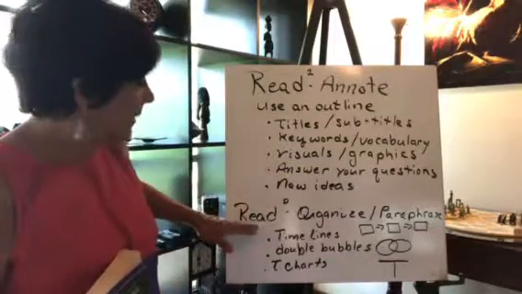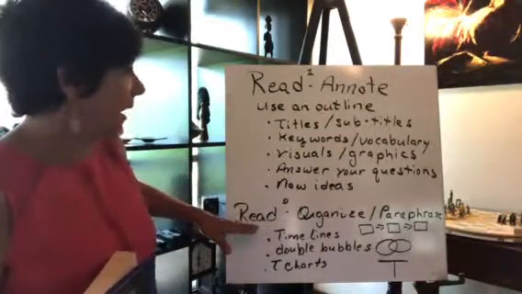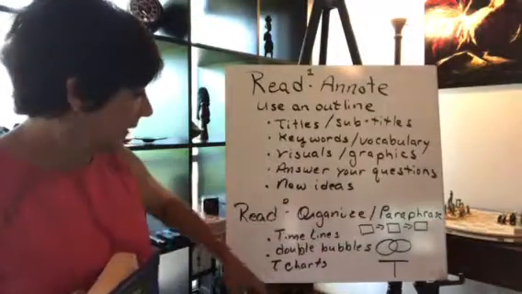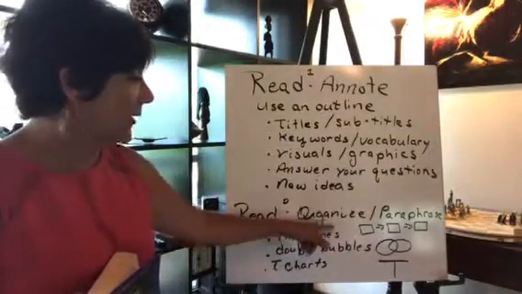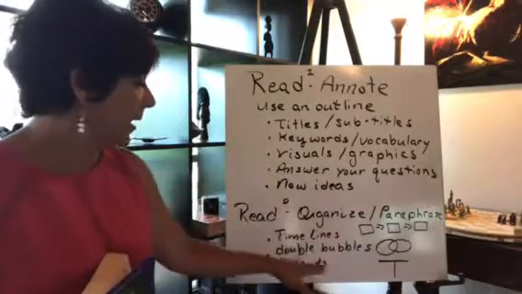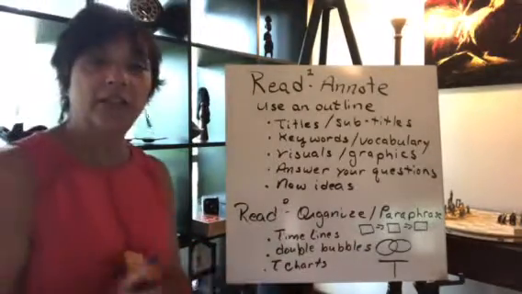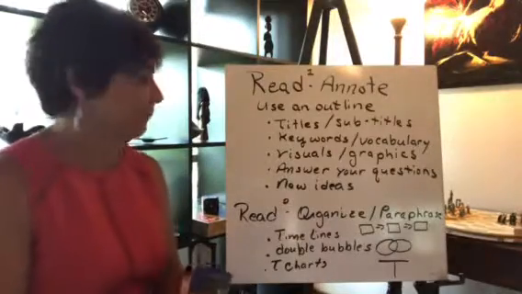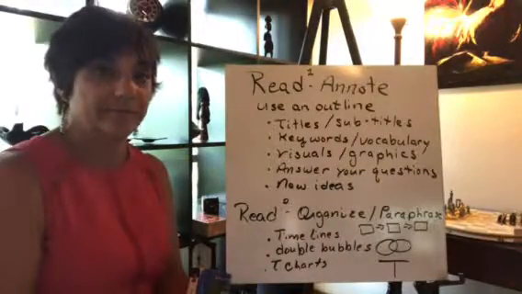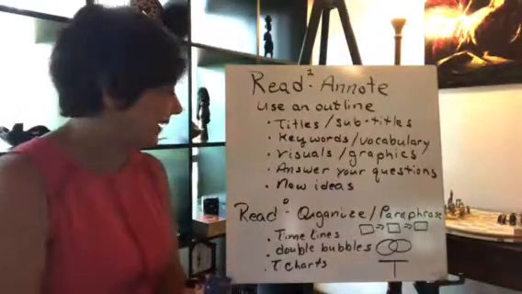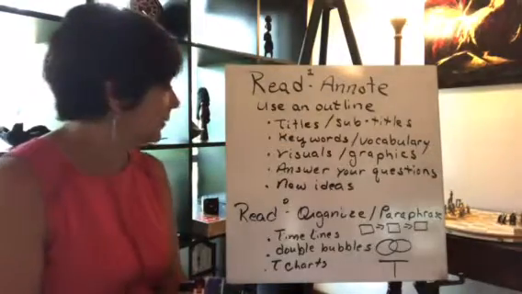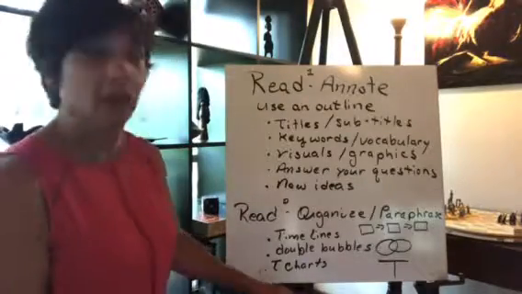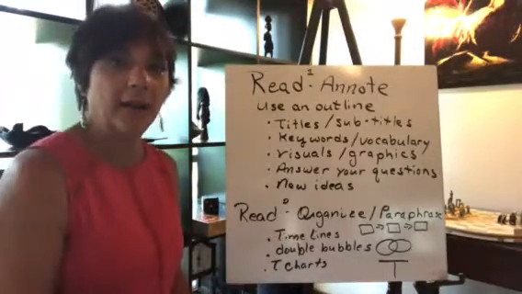Next we have read 2, which is recite. And recite again is organizing and paraphrasing. So some of the organization strategies might be timelines, double bubbles, T-charts, there's lists of them, flow charts, brace maps, things that you've probably remembered from high school or even elementary school that we can use to help us organize our ideas.